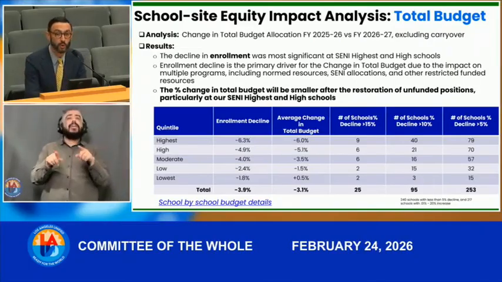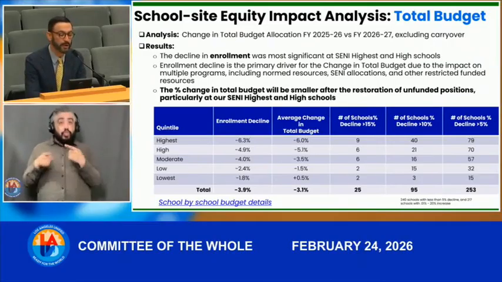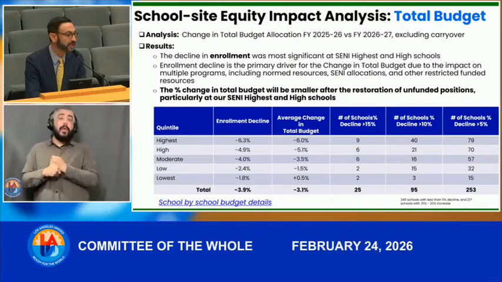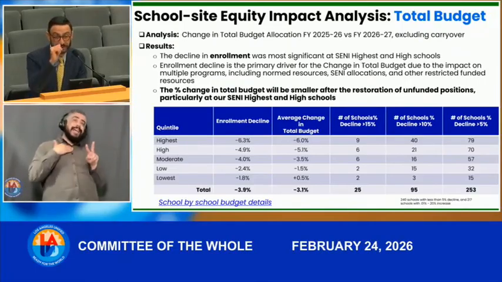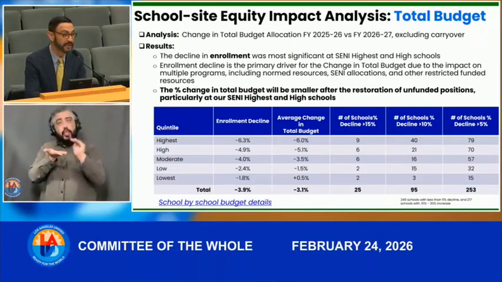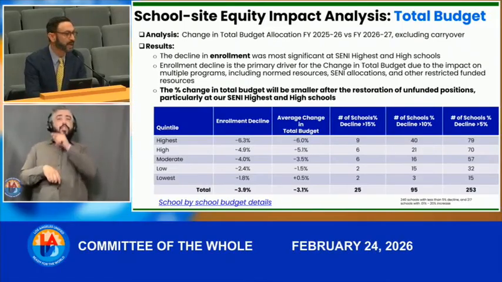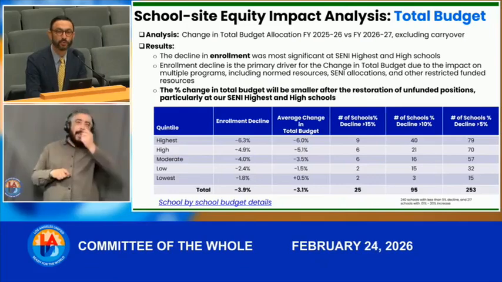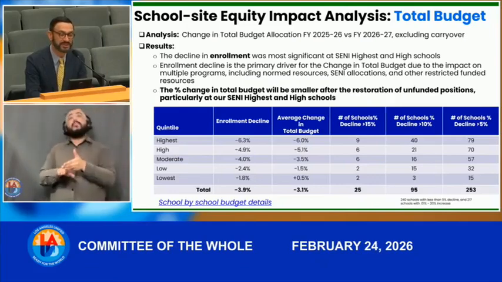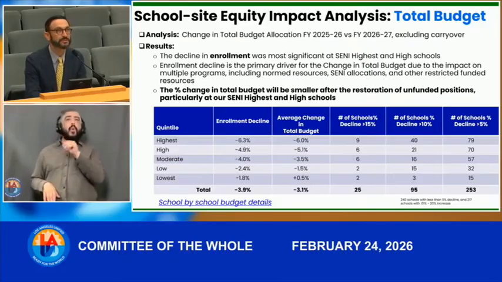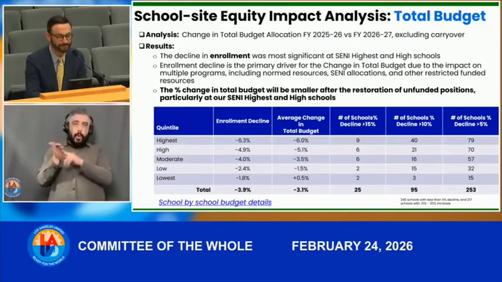During norm day, as you're well aware, our enrollment for the current school year was substantially lower than had previously been projected. That would have reduced the norm allocations after norm day. And so these percentage changes are a little bit higher, given that the 25-26 figures are pre-norm day, where we did see those enrollment counts being substantially lower.